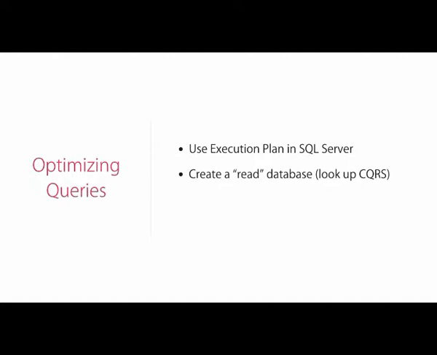In that database, we pre-join some of our tables to speed up the queries, because joining tables is one of the areas that impacts the performance of a query. But just remember, this approach comes with the cost of maintaining two databases in sync. Otherwise, you're going to get a lot of calls from end users every minute telling you that they have added a new record, but it's not showing up.